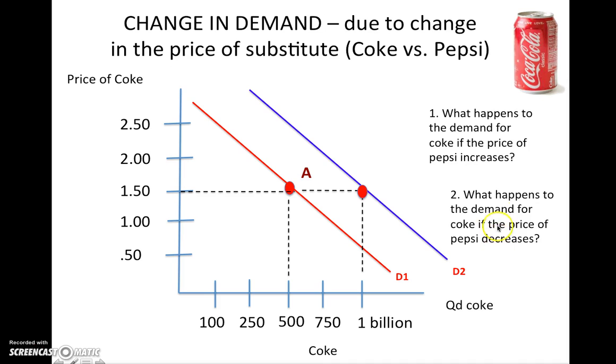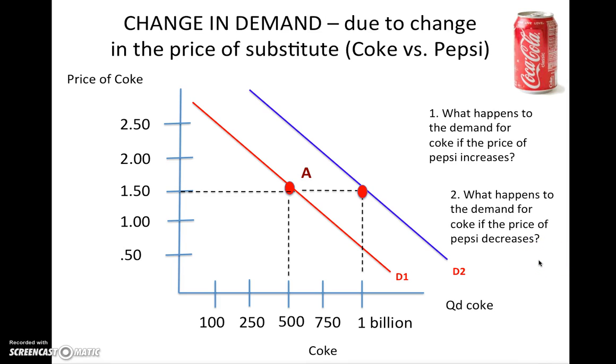Second question here, what happens to the demand for Coke if the price of Pepsi decreases? If the price of Pepsi decreases, more people will buy Pepsi rather than Coke. Once again, setting other factors constant. We're not looking at your preference and so on and so forth. We're just setting those factors constant.